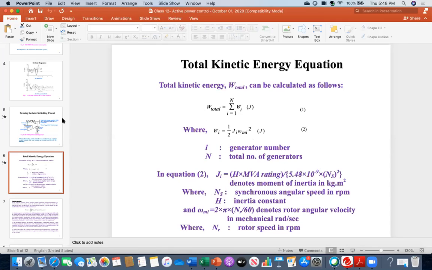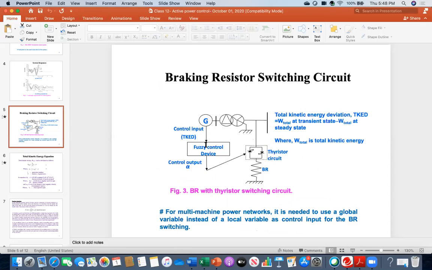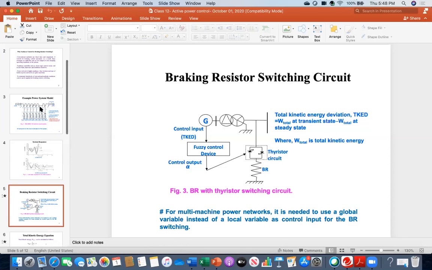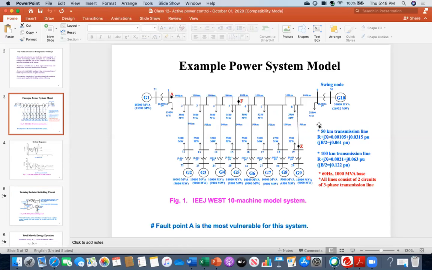Definitely, I am showing one generator here, but those 10 generators are located at 10 different places. So when I am putting one braking resistor control circuit here, it is collecting the information from there. All of the generators are sending signals to that common controller.